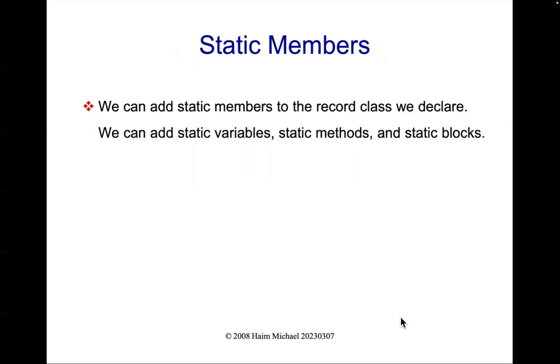We can add to our record class static members. It can be static variables, static methods, static blocks, static nested classes. If you are familiar with that type of classes, we can do so. However, it is impossible to add new instance variables. We are limited to those instance variables every object has according to the record definition.